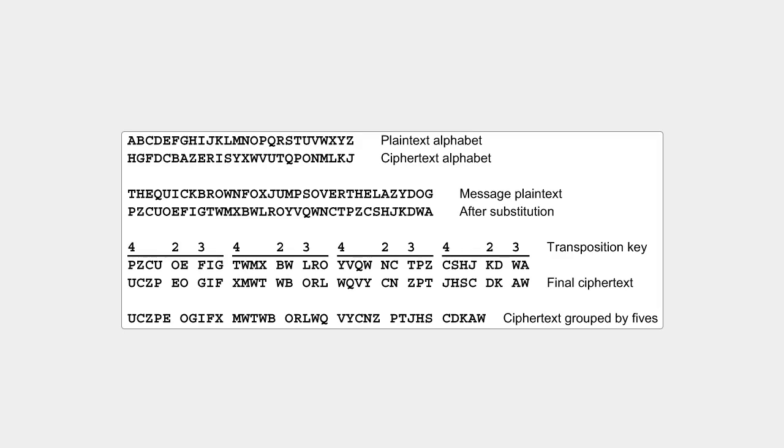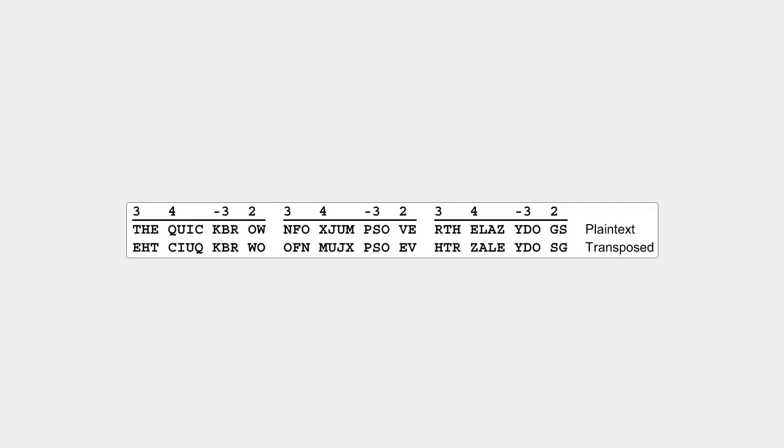Here is an example using the keyword BAZERIS to mix the substitution alphabet, and the key 423 for the transposition. This type of transposition can be used to strengthen many different types of ciphers, so it deserves a name of its own. Let's call it piecewise reversal.